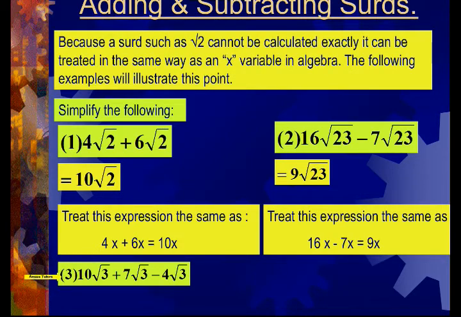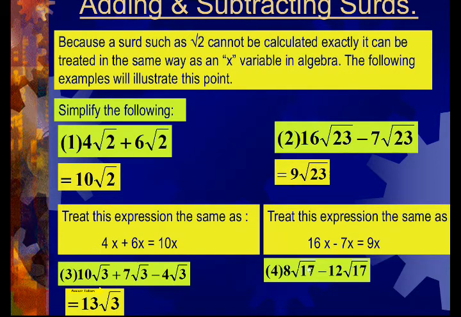So the answer for this question is going to be 13 root 3. So in place of x we have root 3. That's all. Next question. 8 root 17 minus 12 root 17. Same as 8x minus 12x.